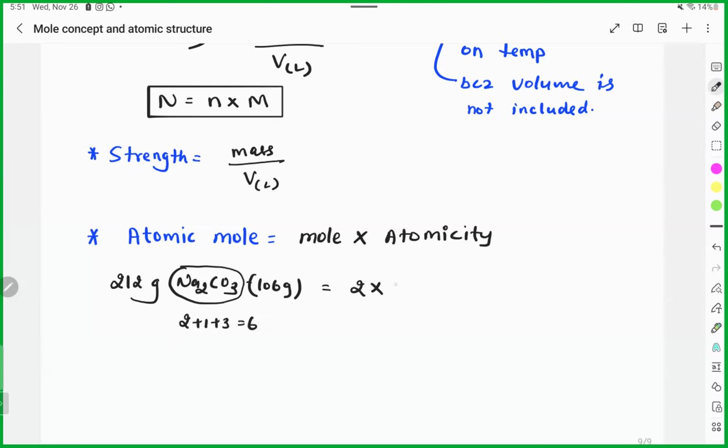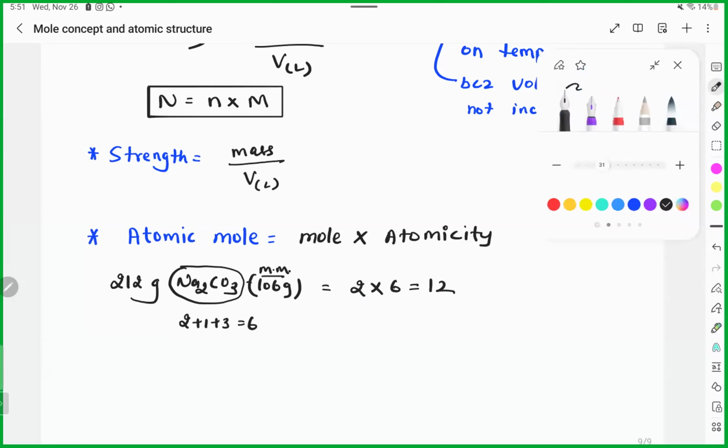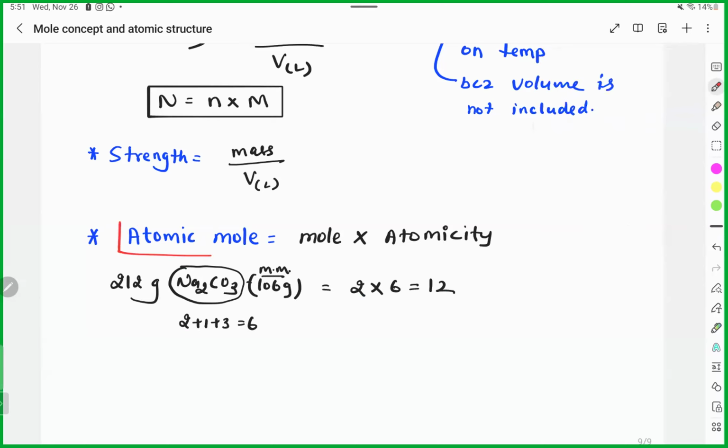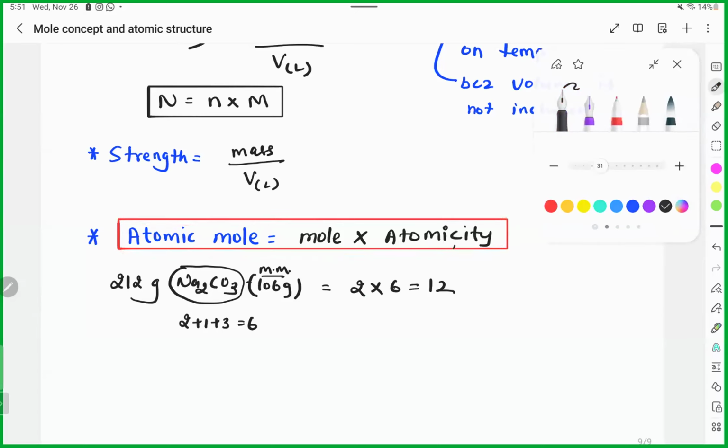Total 6 atoms. What will be the atomic mole? 12. Understood? Everybody understood? Yes, sir. So this is the formula. Atomic mole is the number of moles and then the number of atoms in that molecule.